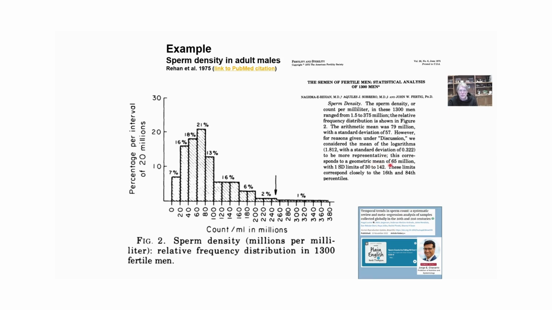This corresponds to a geometric mean of 65 million with one standard deviation limits of 30 to 142. These limits correspond closely to the 16th and 84th percentiles. So they're trying to describe the GSD without actually bringing that term in. Anyway, I thought this was interesting and another useful example.